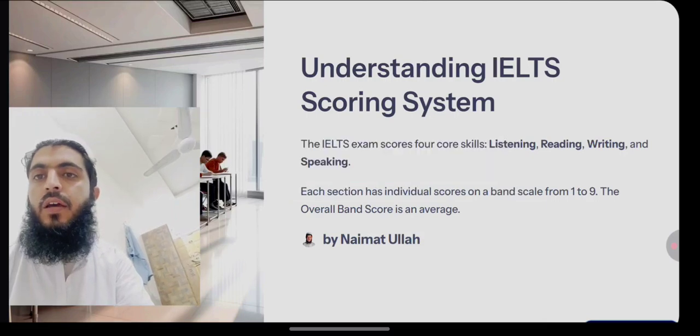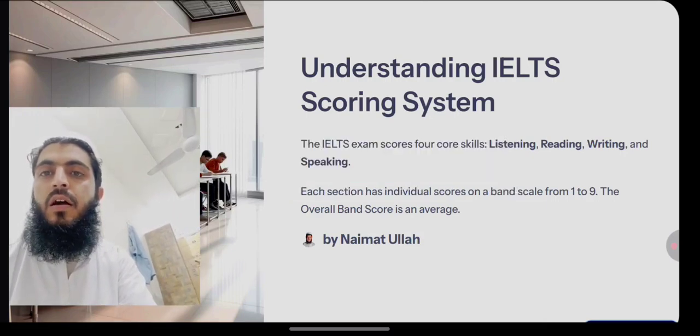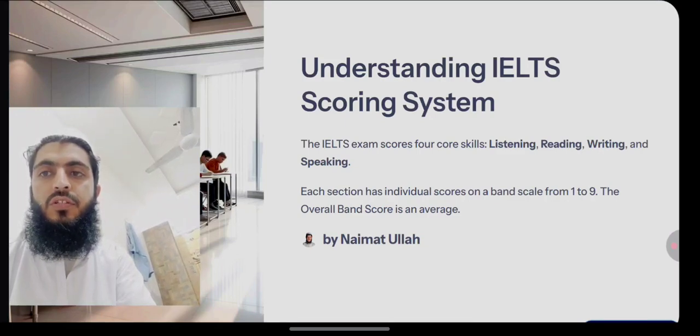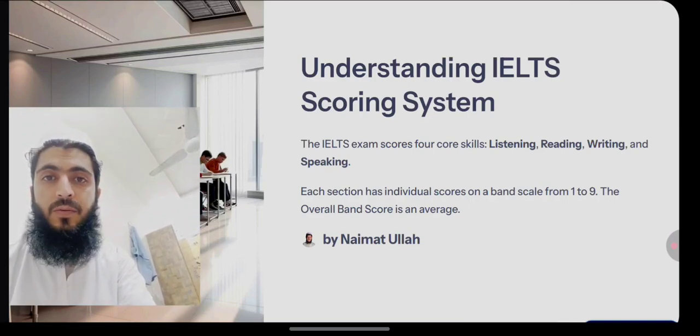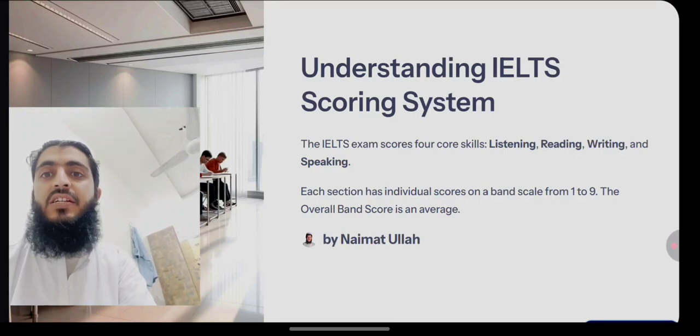So keep in mind that the IELTS exam scores 4 core skills, which include listening, reading, writing, and speaking. Each section is scored on a band scale from 1 to 9.